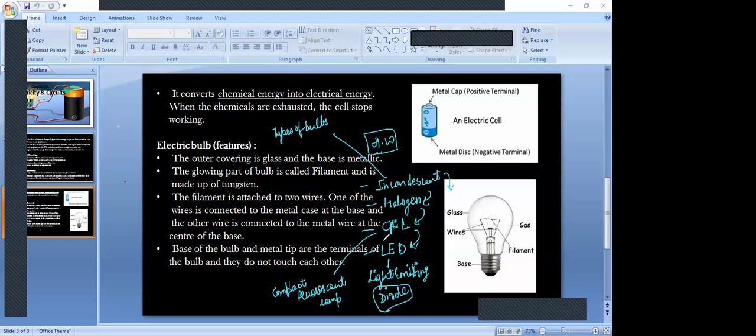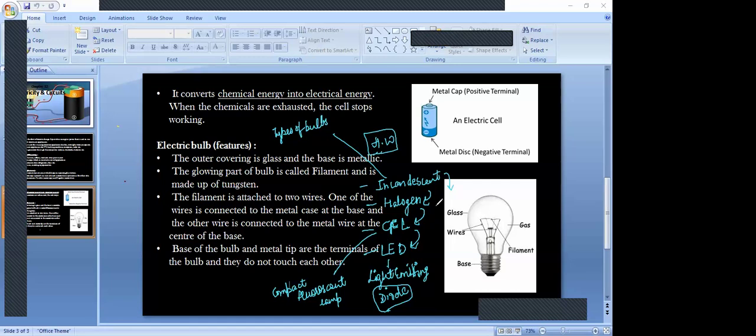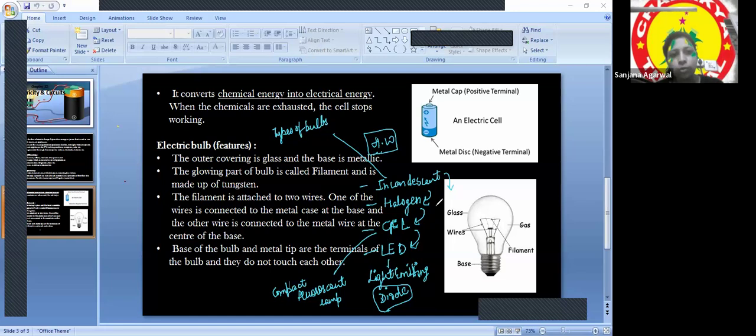So we need to click the picture of these four bulbs if you have them in our home. You can take the help of your elder brother, sister, or parents, or anyone. Click the picture, make a small collage. I hope you are well familiar with how to make a collage. Every smartphone has this feature. Simple, of 4 photos. Write the name of the bulbs with them, and at the bottom right corner, write your name and class and send it in the group.